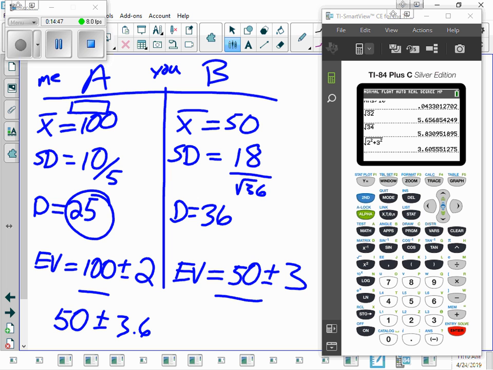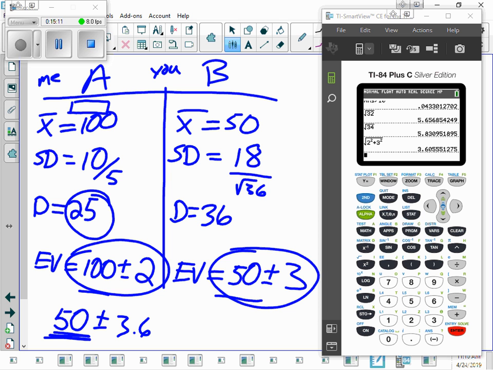Now what does this mean? Well, I'm expected to get 100 points plus or minus 2. You are expected to get 50 points plus or minus 3. Okay? But how far apart will my score be from your score? Our scores will differ by 50 plus or minus 3.6. Okay? And that is set A.